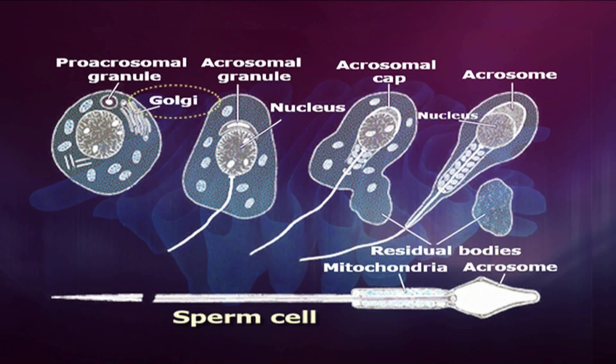The Golgi complex of an early spermatid consists of a series of membranes arranged concentrically around an aggregation of small vacuoles. During acrosome formation, one or more vacuoles start enlarging, and inside the vacuole appears a small dense body, the proacrosomal granule.